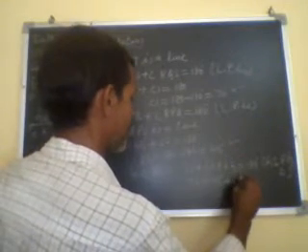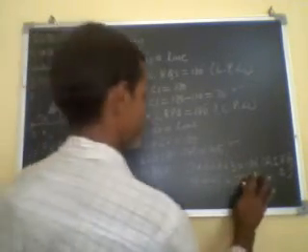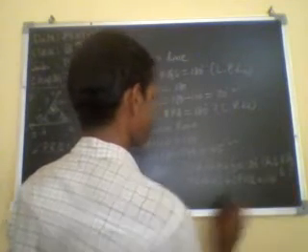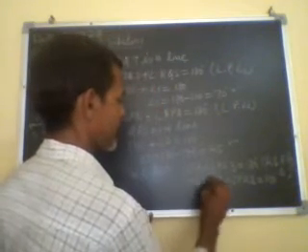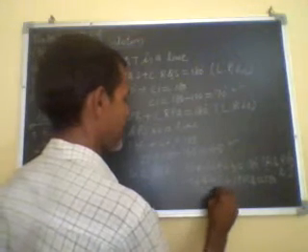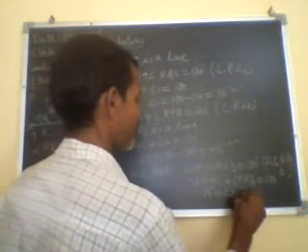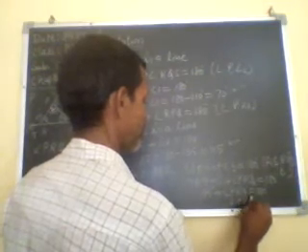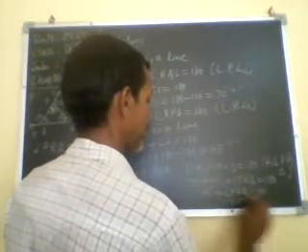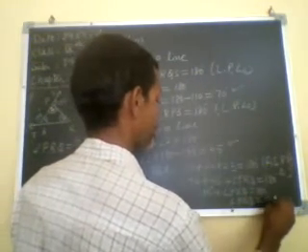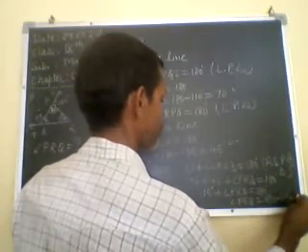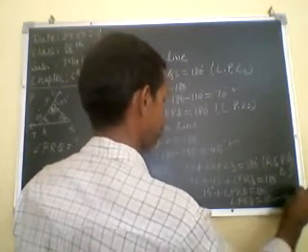The sum is 180. 70 plus 45 is 115, plus PRQ equals 180. So angle PRQ is 180 minus 115, which equals 65 degrees.